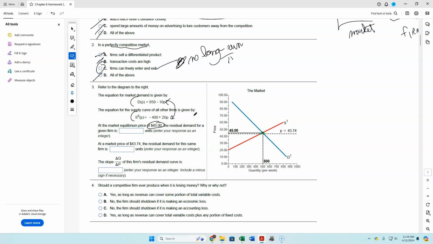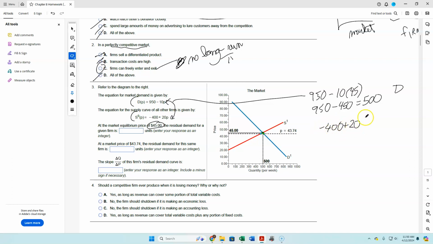Well, let's actually just do it here just to make our lives a little bit more transparent. 950 minus 10 times 45. So this would be on our demand side. On our supply side, we'd have negative 400 plus 20 times 45.